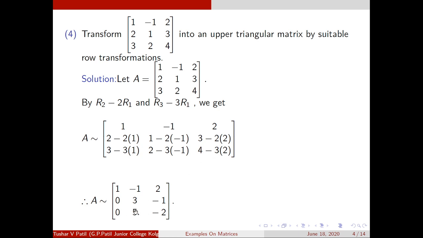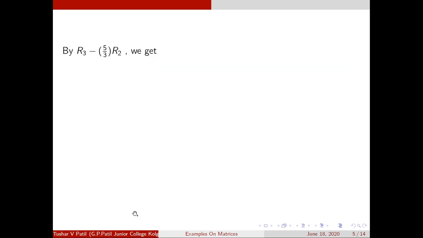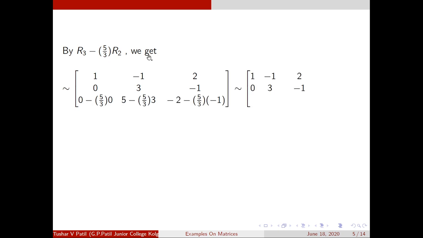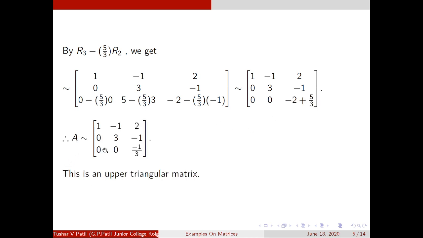Now the next operation, R3 minus 5 by 3 R2, we get. Therefore A is equivalent to this, by performing these two operations. This is the upper triangular matrix. That means here the elements below the diagonal are 0.